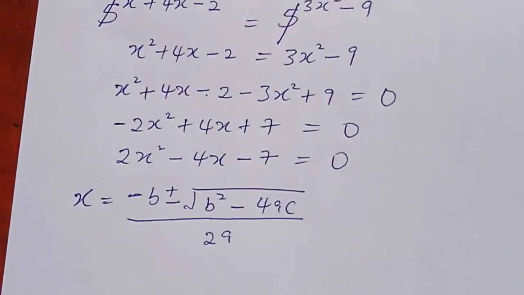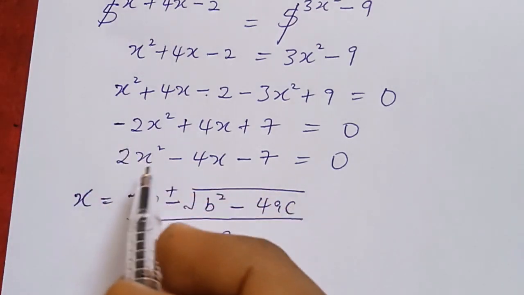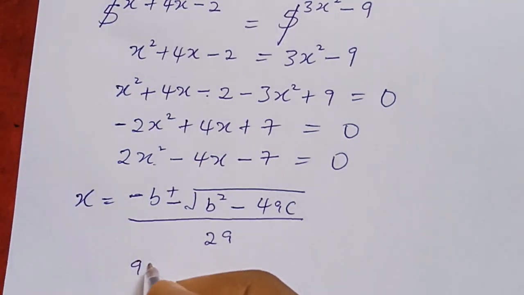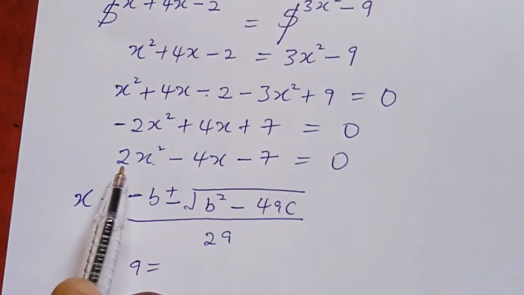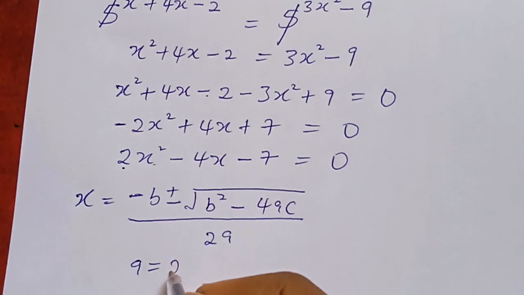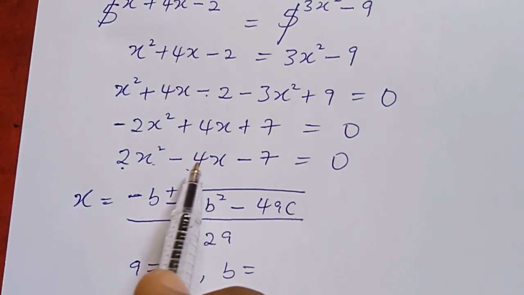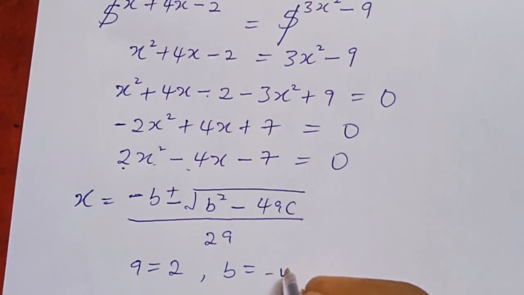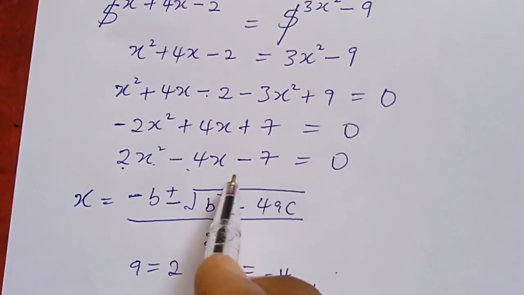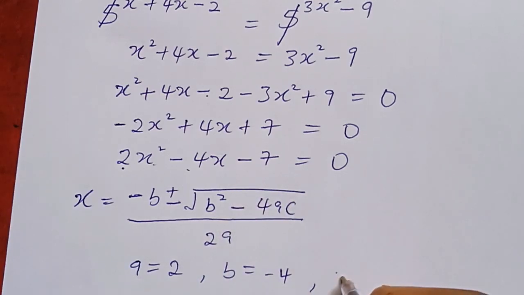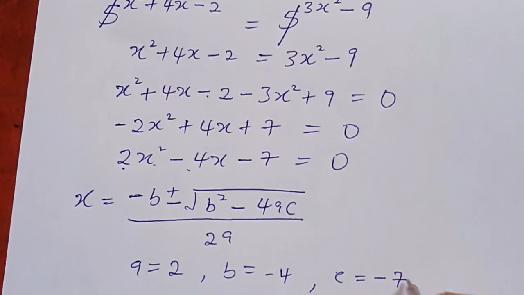This is the quadratic formula. And the a, b, c from this equation are given as: a is equal to 2, the first term over here. Then b equals to minus 4, the coefficient of x. Then c equals to minus 7, the constant term.